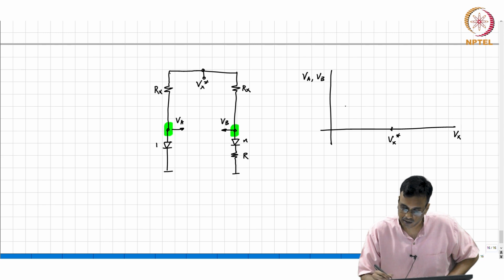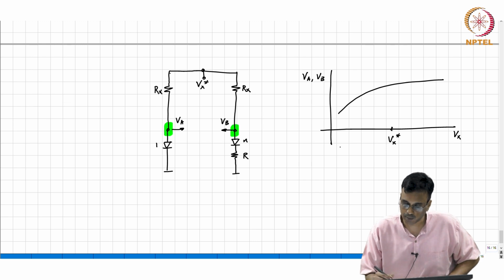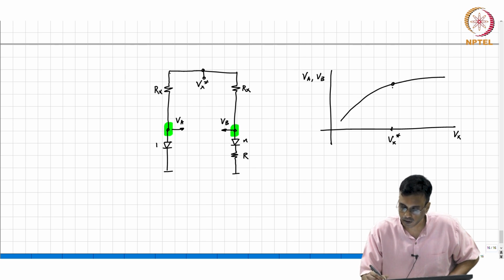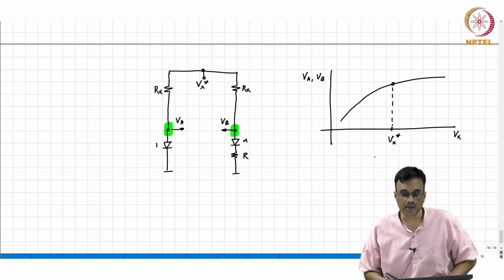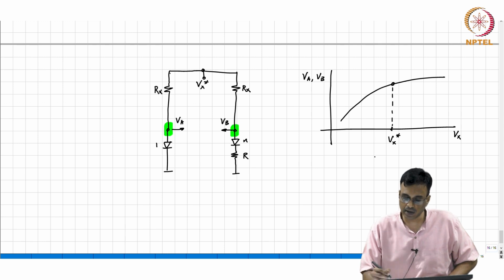So Va will be exponential, one logarithmic like that, and for Vx much smaller than Vx star, Vb will be smaller, right.